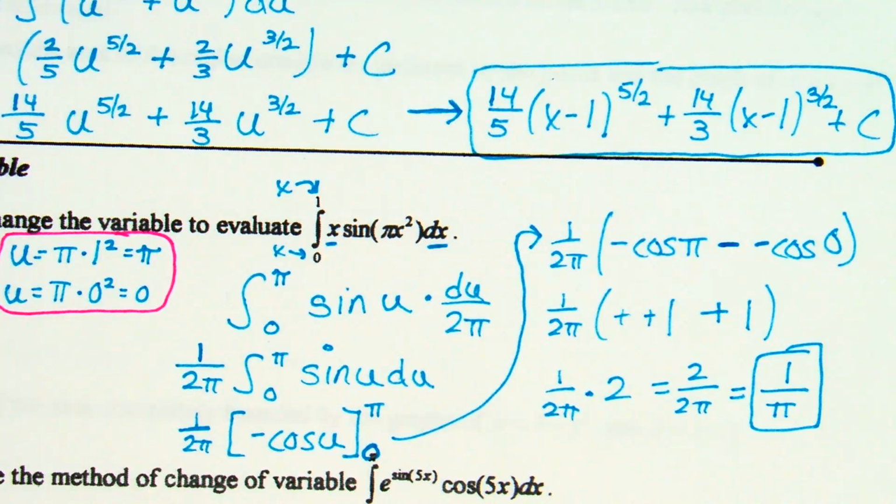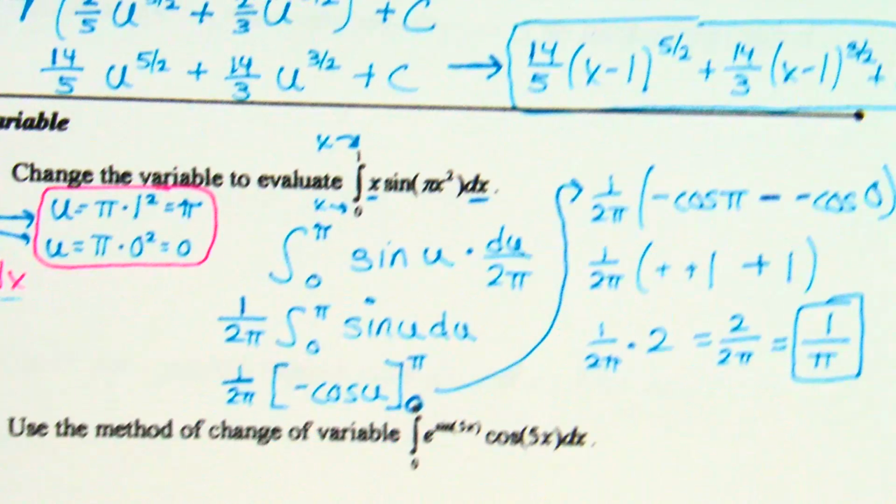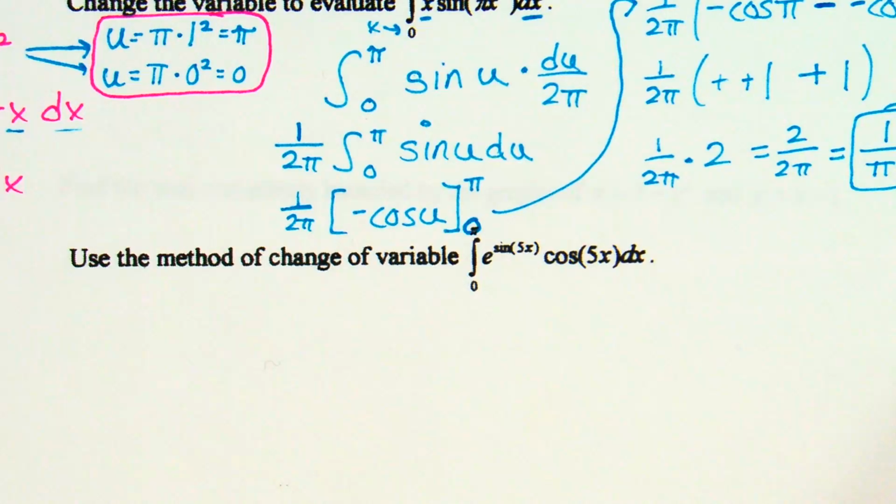One last one? It is one last one, right? Yeah, that's what I thought I remembered. Okay. The integral from 0 to pi of e to the sine 5x times cosine 5x dx. You make u sine of 5x, because what's the basic thing we want to integrate?